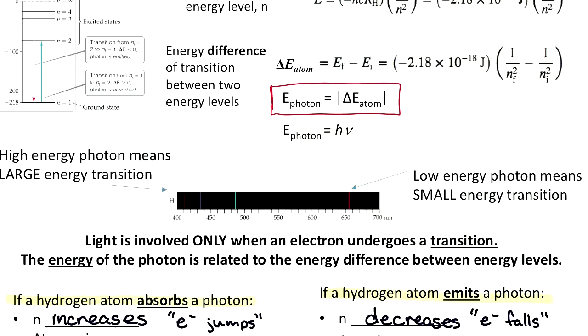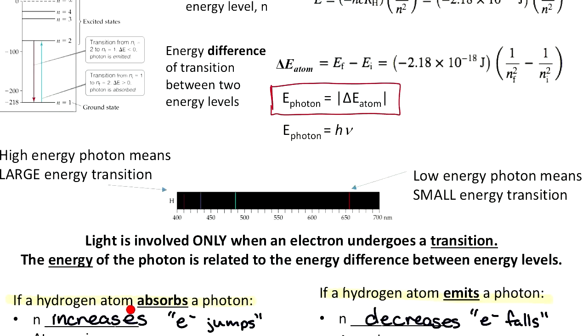So when your atom absorbs light, that light contains energy. That energy forces an electron to jump up to a higher energy level, right? It jumps up to a higher energy level that's equal to the light that it absorbed. Remember, light is energy. And so that energy is transferred to your electron to make it jump, right? So that's what we have right here.